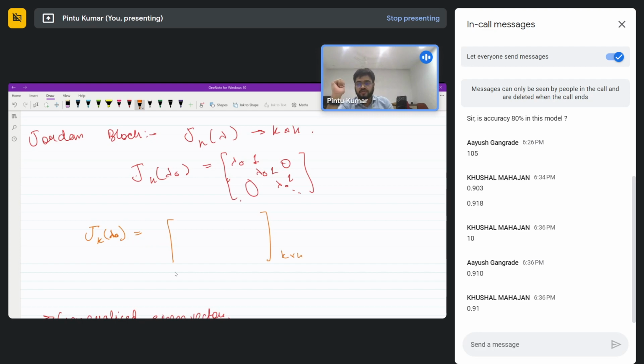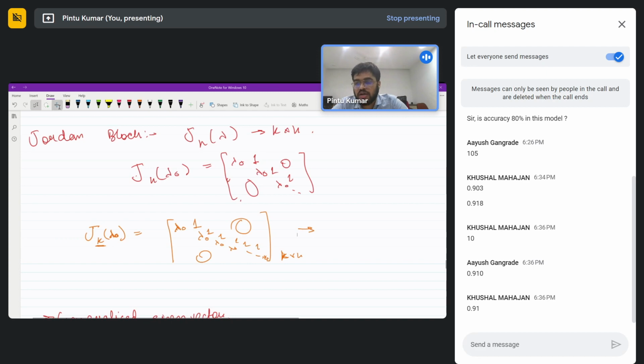Okay. So if you have k here, then it is of size k cross k. On the diagonals, you will have that eigenvalue, lambda 0 throughout. And on the super diagonal, you will have 1. And rest everything is 0. This is something that is known as a Jordan block.